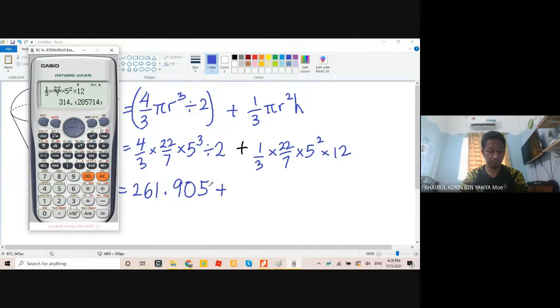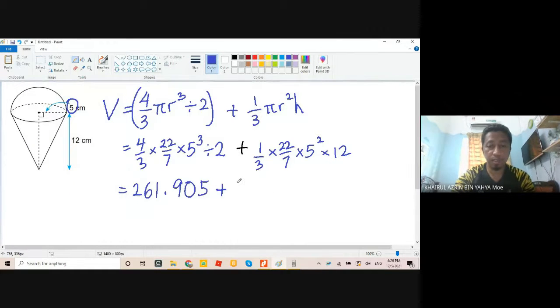Let me double check with my calculator here: 1 over 3 times 22 over 7 times 5 square times 12. So the answer is 314.286. Okay, like that. Next, equal to, so let us add to this number.